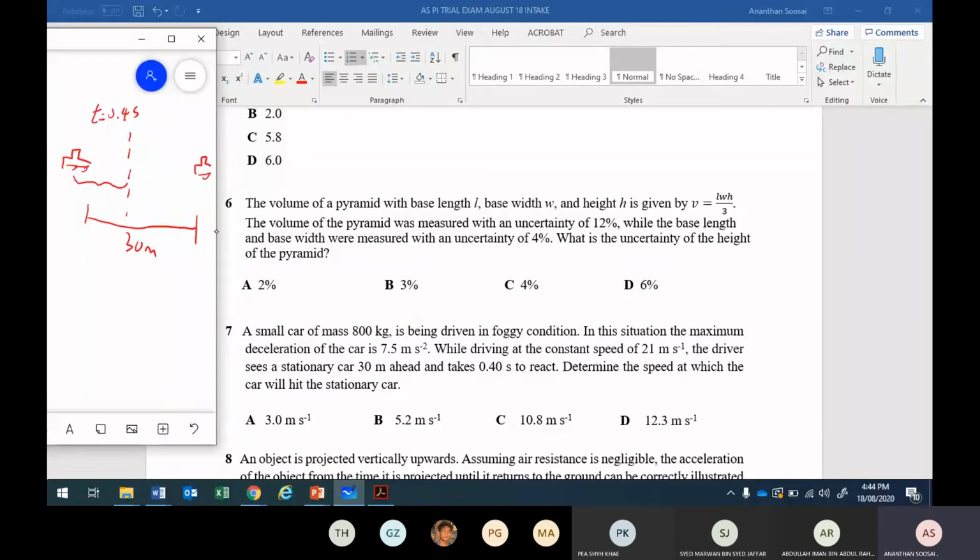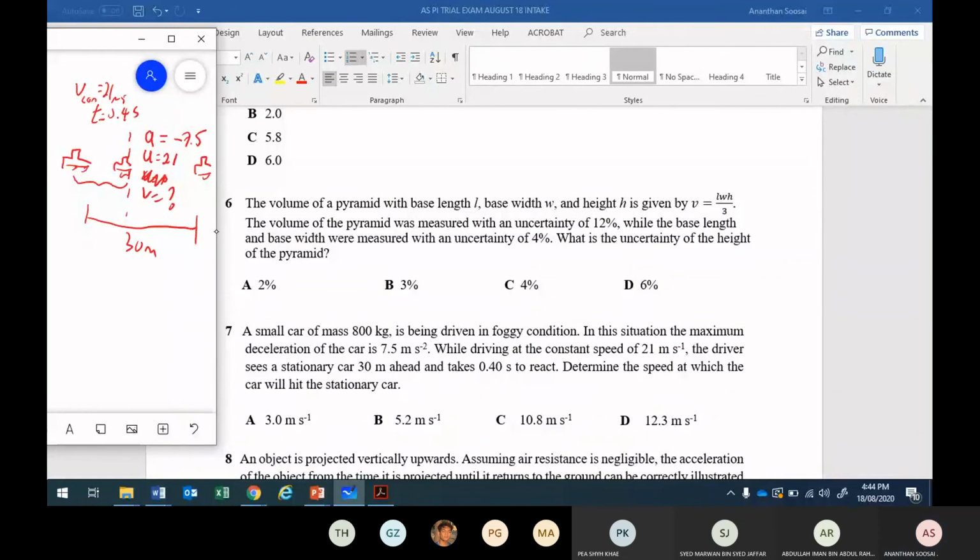During that 0.4 second, it is traveling with a constant speed of 21 meter per second. Then when the car is here, the deceleration happens at negative 7.5. The U we know is 21, and the V we know becomes 0. We are looking for the V.